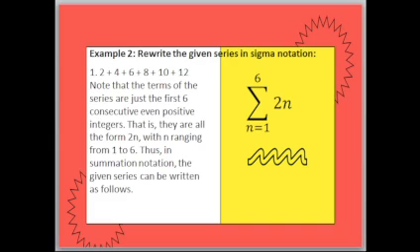And our expression is 2 times n. Because if we start with 1, we have 2 times 1 is 2, 2 times 2 is 4, 2 times 3 is 6, 2 times 4 is 8, 2 times 5 is 10, and 2 times 6 is 12. So from 1 up to 6 as the value of n.